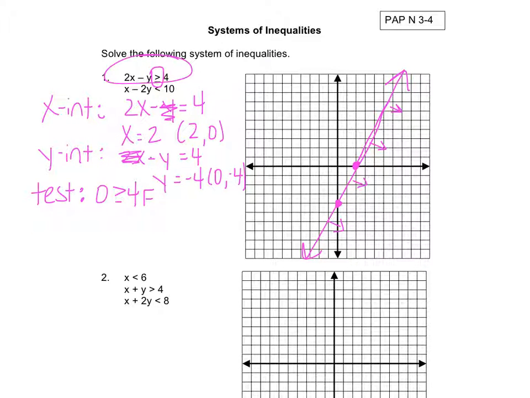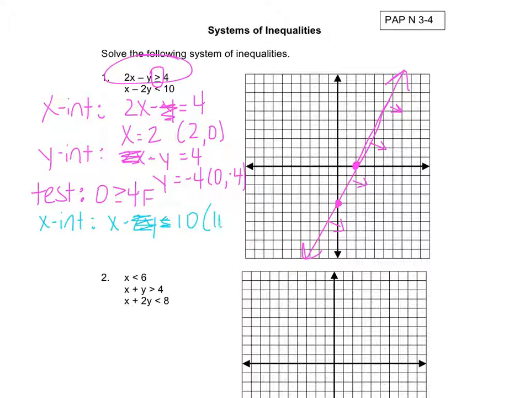Okay, so let's do x and y intercept on the other inequality that we're given. So we have x minus 2y is less than 10. I'm just going to put equal to 10. And then we know y is 0, so cover that up. So x would equal 10.